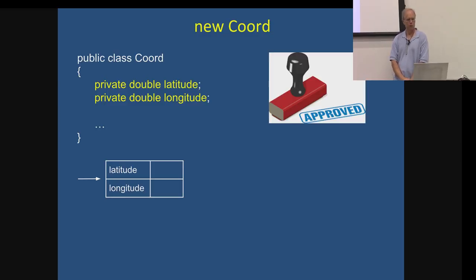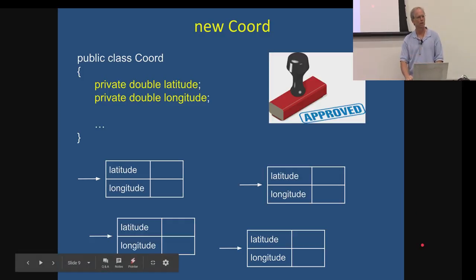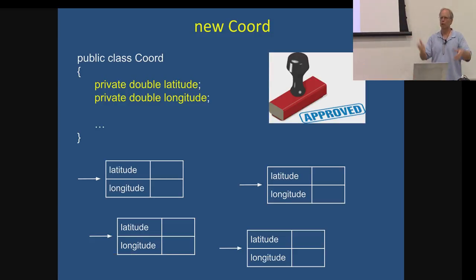So essentially, when you say new, imagine this rubber stamp had that white box thing, the latitude longitude box on it. Every time you call new, you stamp out a new object. We stamp out an object in memory. We stamp out an object. We stamp out an object. You call new 4 times, you've created 4 objects in memory. The size of the object is determined by the number of the instance variables and the types of the instance variables.